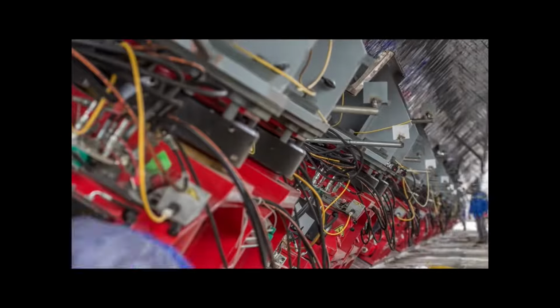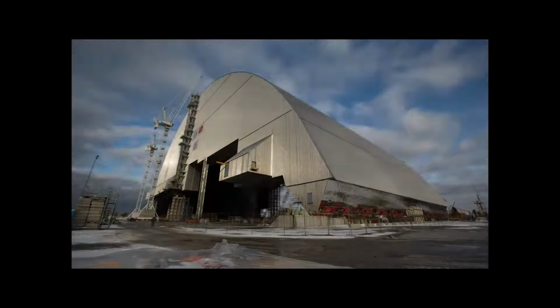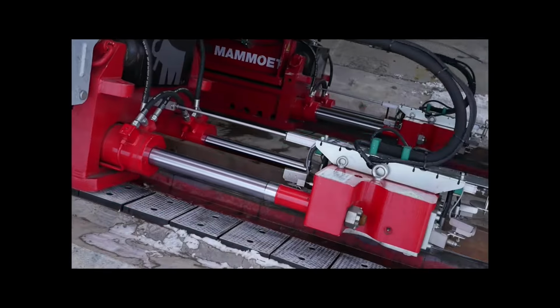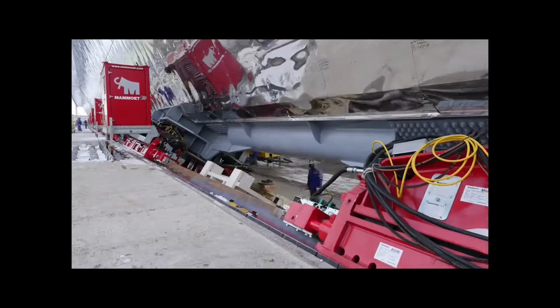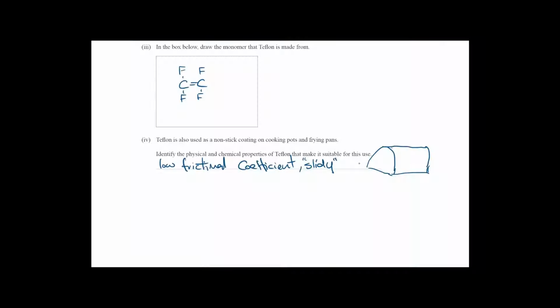An interesting use actually is that in Chernobyl, the huge structure that they built over the top of it wasn't on rails. It was on a really long Teflon strip, and they made it really easy once they built it to slide it over the sarcophagus of the Chernobyl nuclear power plant.